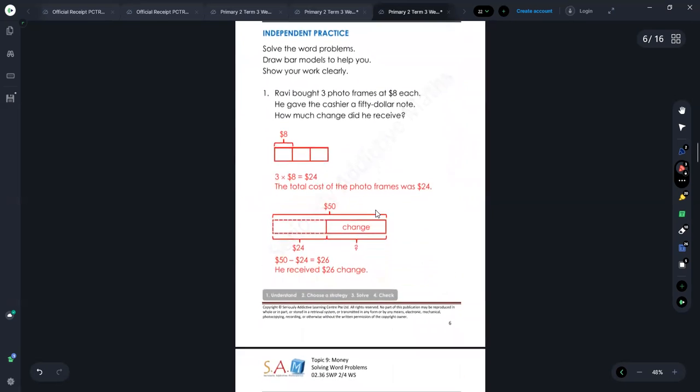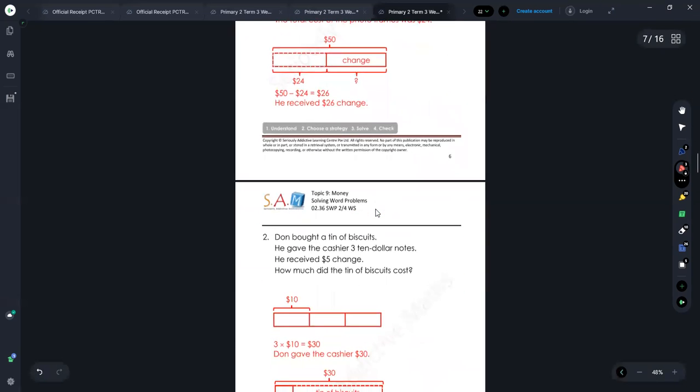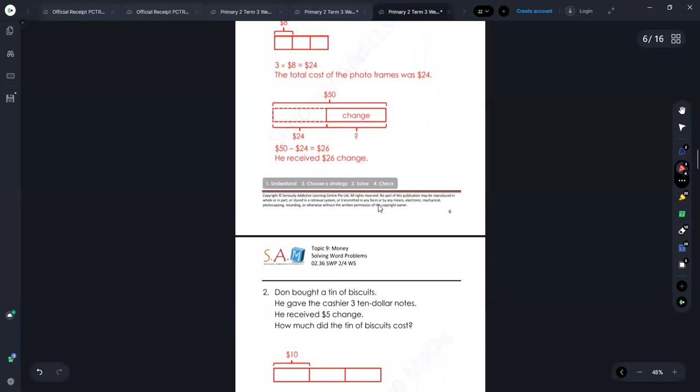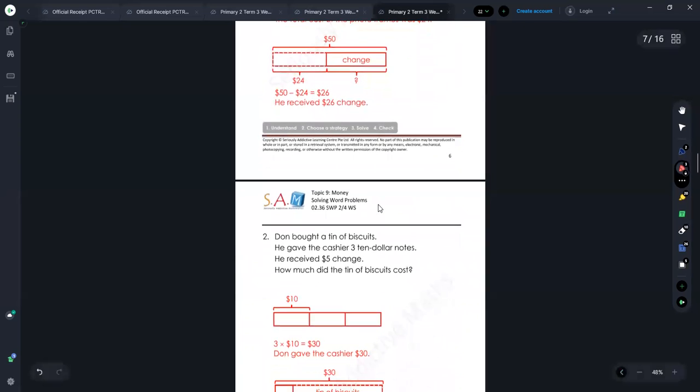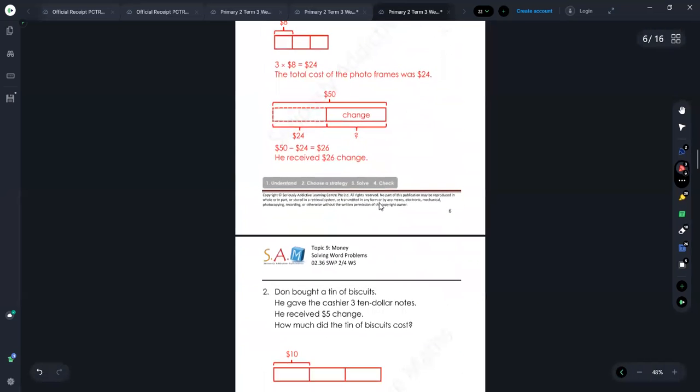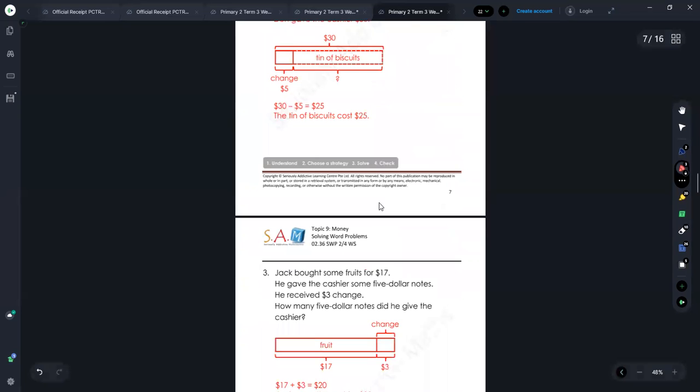After that, I would suggest that you try to get them to do something on their own. But if you feel that you're not confident that they're able to do this on their own yet, then you might want to continue drawing the model for a few more questions, so that they can understand how it works.